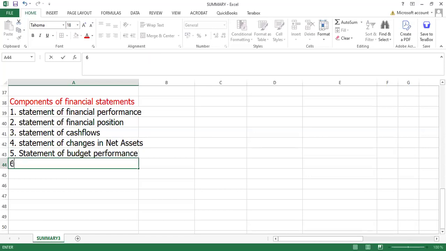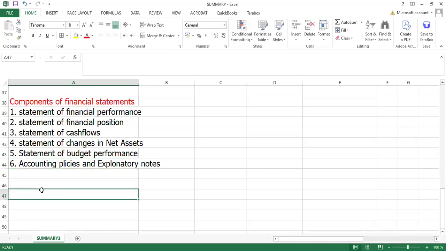Then next, you have the accounting policies and those explanatory notes. So those are some of the components.